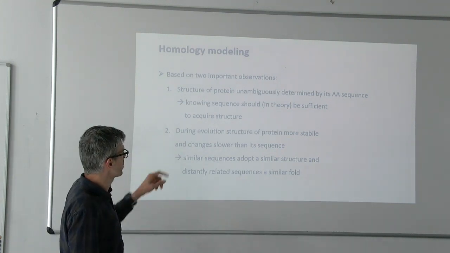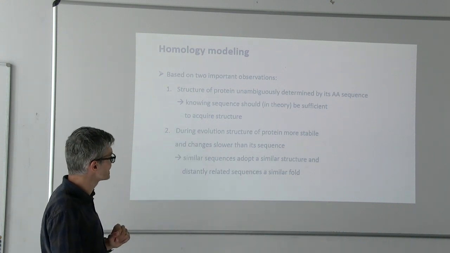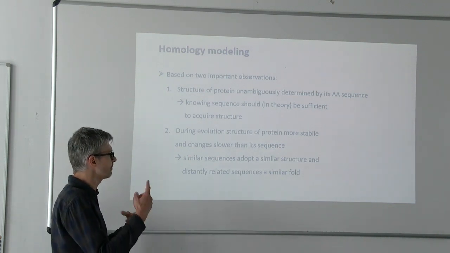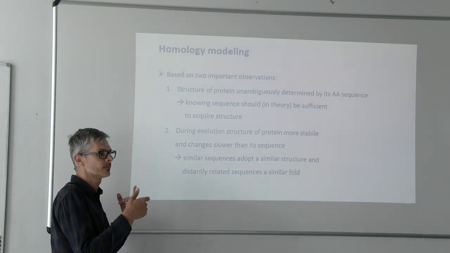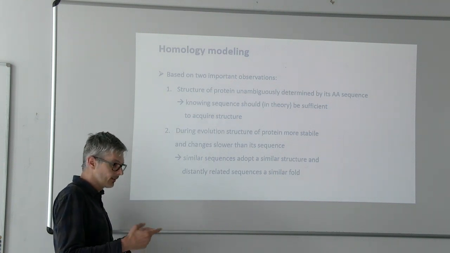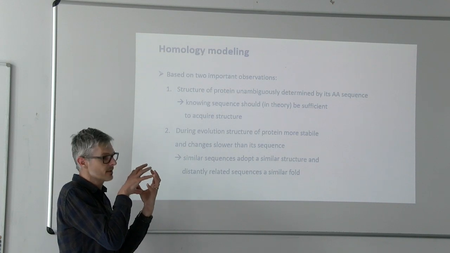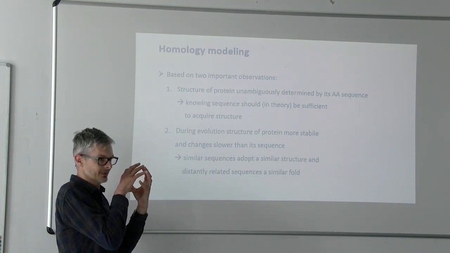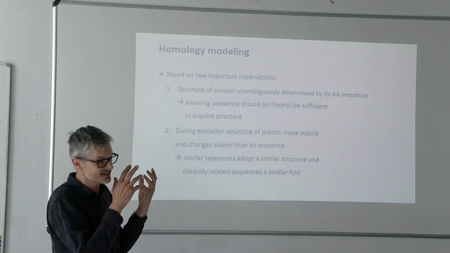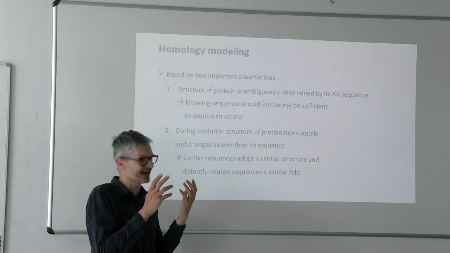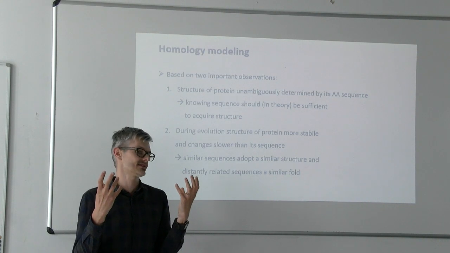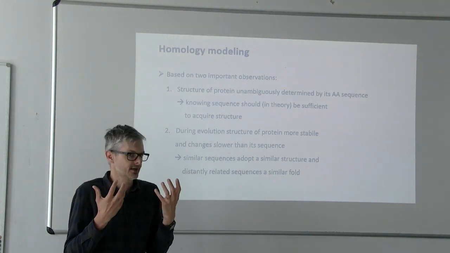The second point is, of course, during evolution, that a protein structure is more stable than a sequence. What I mean is, you can just keep on changing the amino acids in a protein, so the sequence similarity will drop, but it is still the same fold and the same function. And this can actually be quite extreme, so you can have less than 20% sequence identity, and even by BLAST you cannot identify matches between two proteins that are exactly falling into the same protein family and functioning the same way.